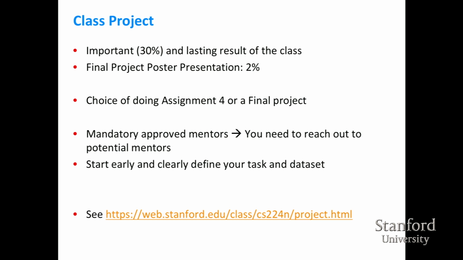We want to really give you good advice, and we want you to meet your mentors frequently. So I think I'll have 25, Chris has 25, and then each of the PhD TAs has at most 25 groups. It's a very large class. But basically your class project, if you do decide to do it, is 30% of your final grade.